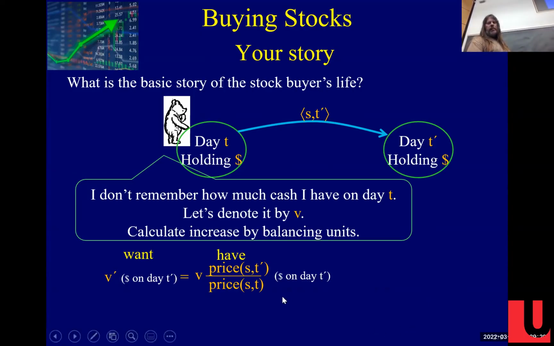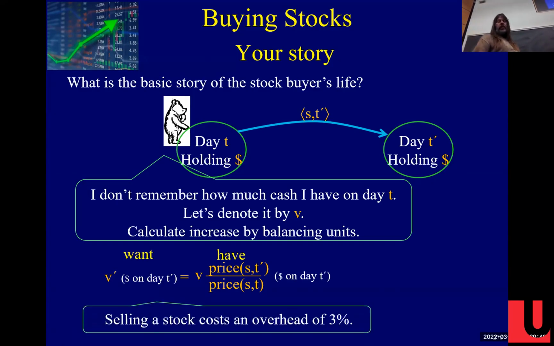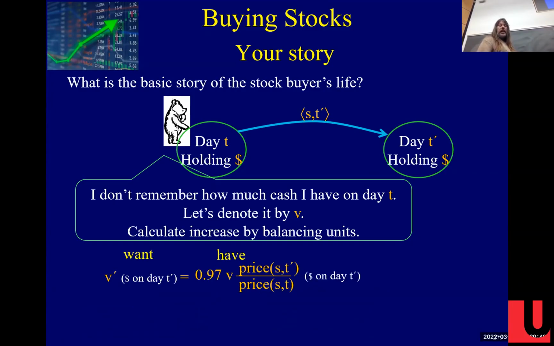Another way to think about it is, do I want the price here big? I want to buy small and sell big, right? So that's why I have that on the bottom and that on the top, right? Anyway, that's our equation. And then we multiply by, we remove 3%. So that's multiplying by 0.97, right?